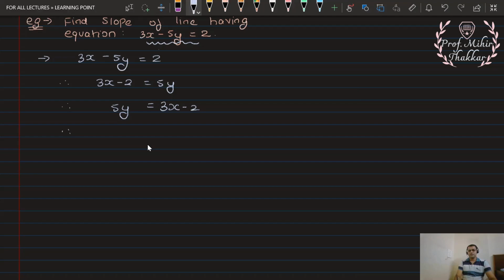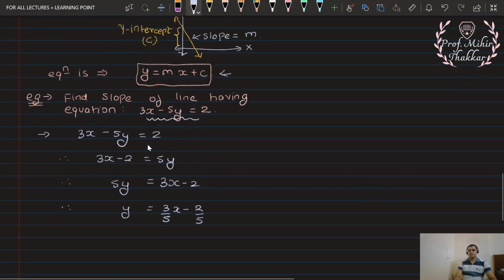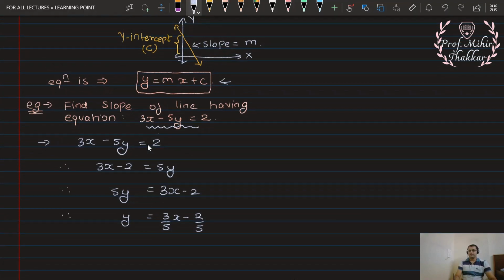So this helps me over here by taking it like this: y is equal to 3 by 5 x minus 2 by 5. What we have done is we have just cross multiplied the value 5 from left to right.